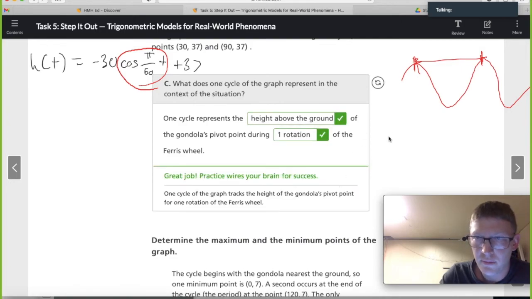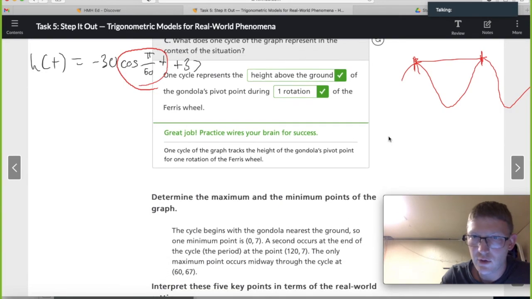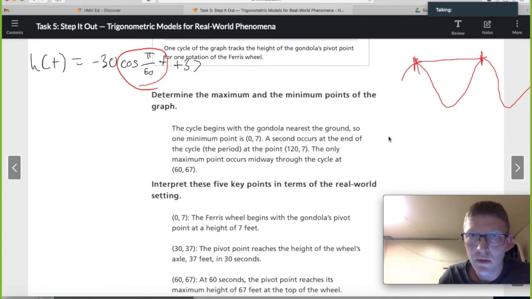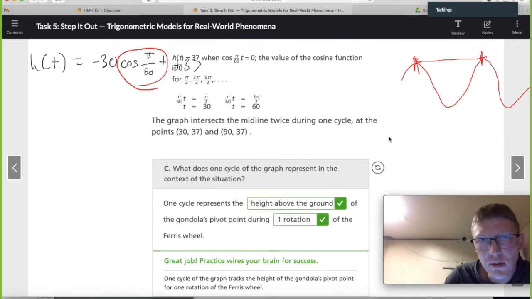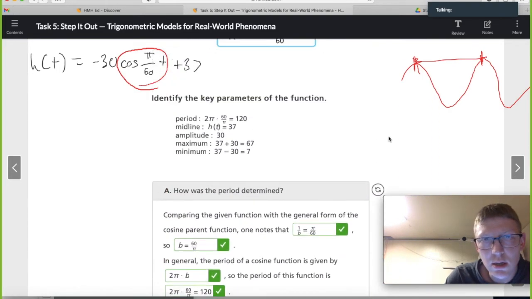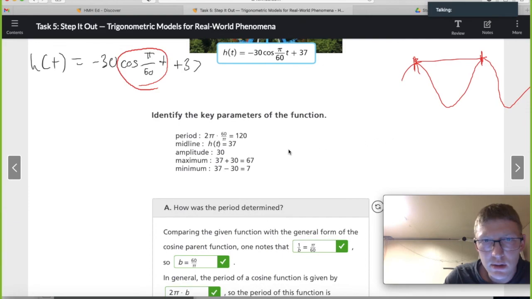So again, we just thought through everything. Determine the maximum and minimum points of the graph. Didn't we do that already up here?